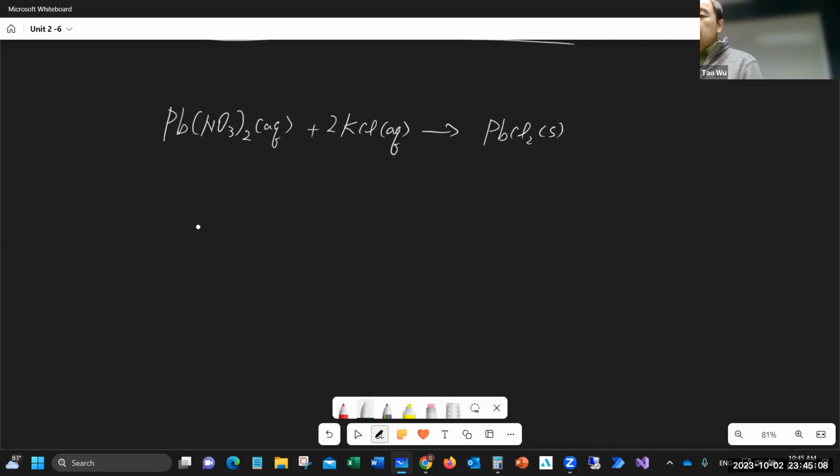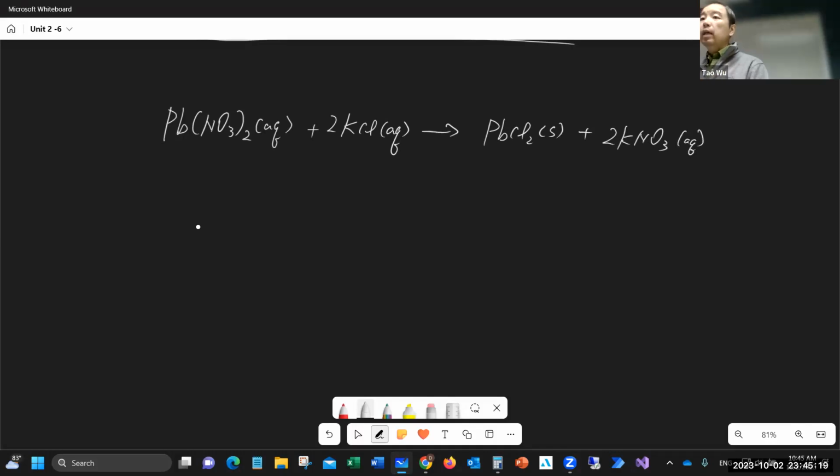Here we have lead nitrate reacting with 2 moles of potassium chloride, then making lead chloride, which is a solid, and 2 moles of potassium nitrate. This reaction is not completely balanced. So this is what we have.